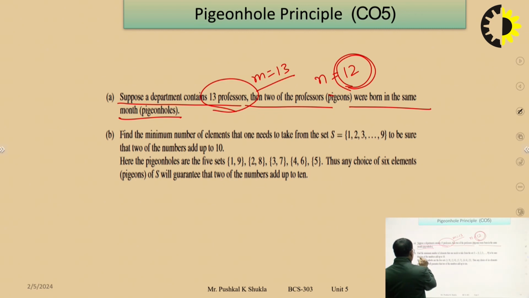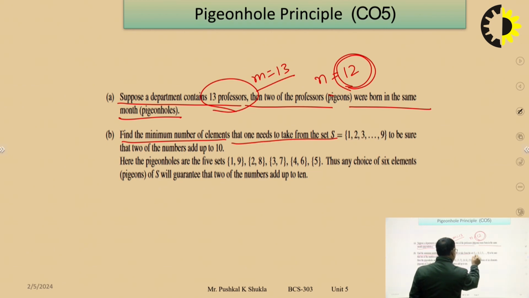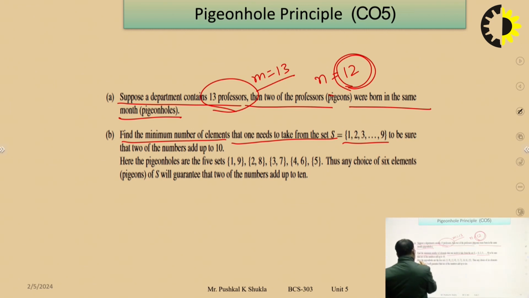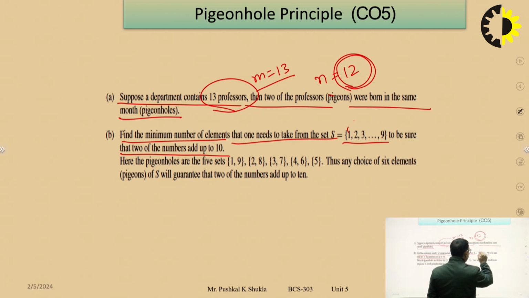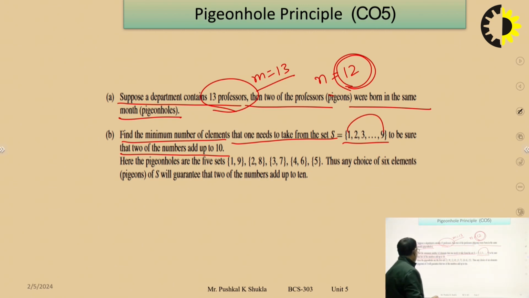Another example we see: find the minimum number of elements that one needs to take from the set S equal to 1, 2, 3 up to 9 to be sure that two of the numbers add up to 10. So there is a set with elements from 1 to 9 and the sum should be 10.